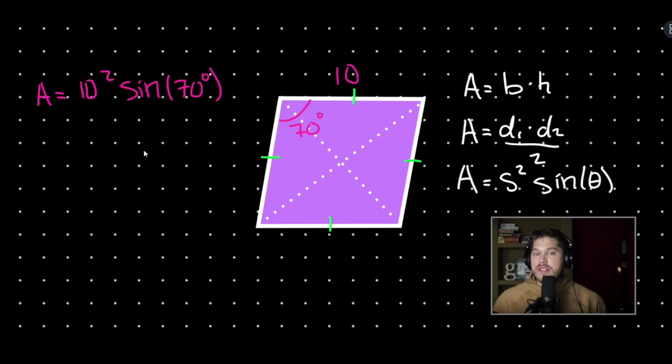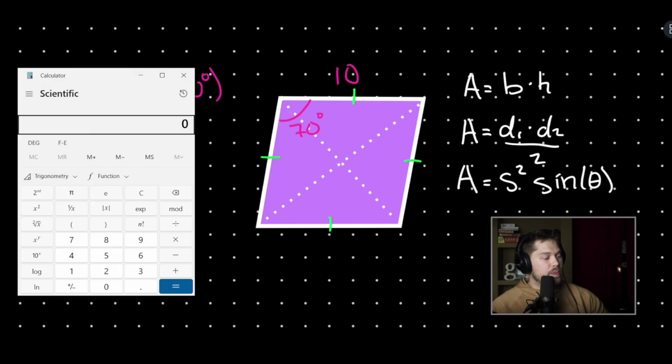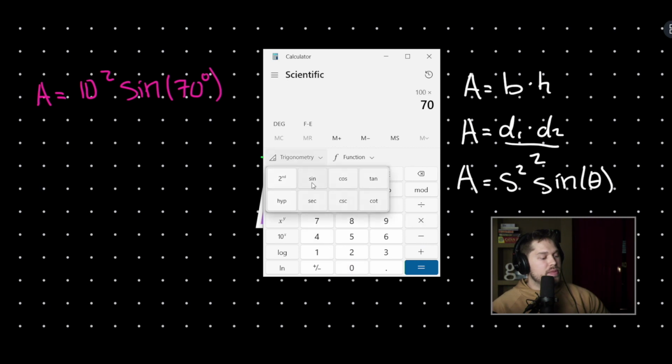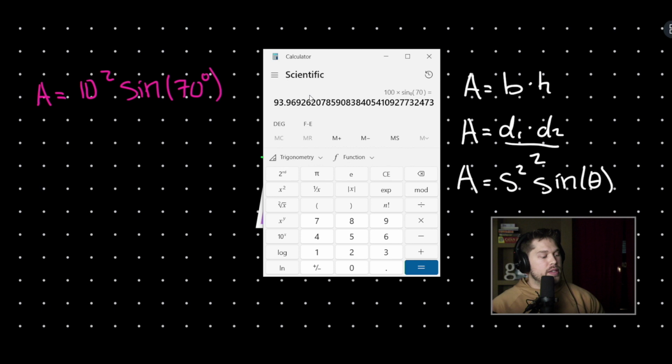Now I don't know what sine of 70 degrees is off the top of my head, but we could use a calculator to figure this out. So here we have 10 squared, that's of course 100, and 100 times the sine of 70 degrees has a value of 93.9.